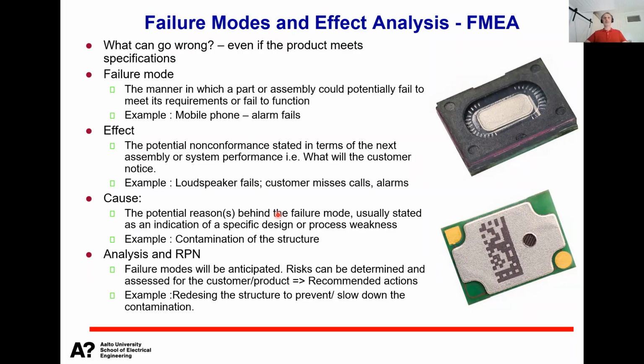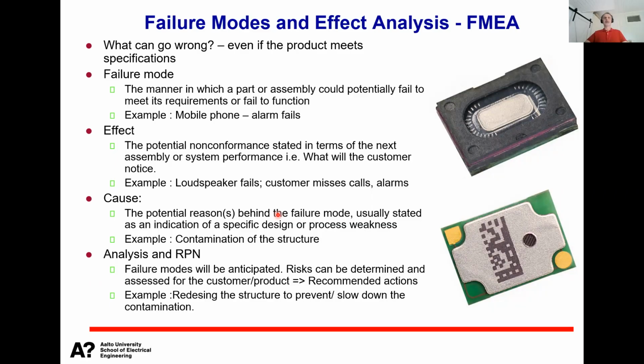That's the failure mode, and the effect is that you miss the lecture because you missed the alarm or you missed the call or whatever. And the cause behind is the failure mechanism.